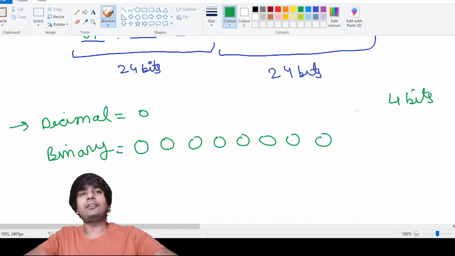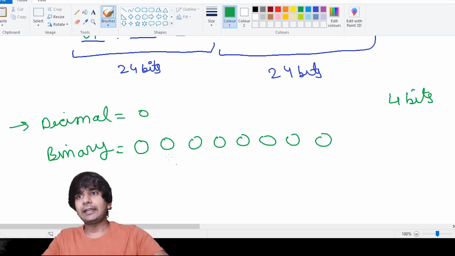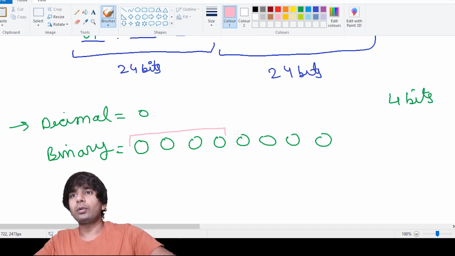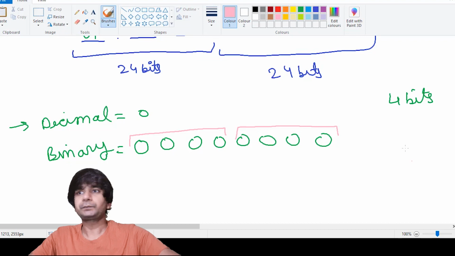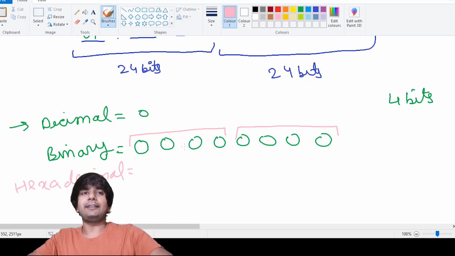Now what is the size of one hexadecimal digit? 4 bits. How many bits do we have right now? We have 8 bits. That means you just need to divide these 8 bits into 4 bits each. So you will get 2 pairs of 4 bits, right? In each pair you need to maintain 4 bits because we need to convert this binary into hexadecimal. Why? Because we need to convert this IP into a MAC address. So what hexadecimal will you get?